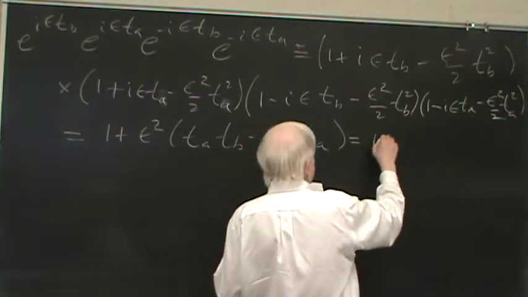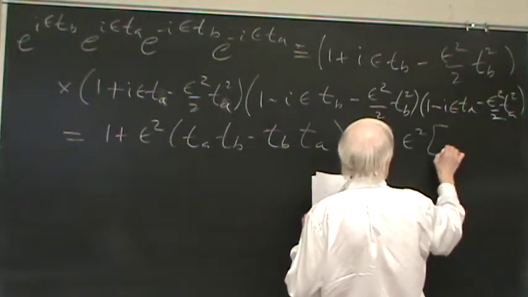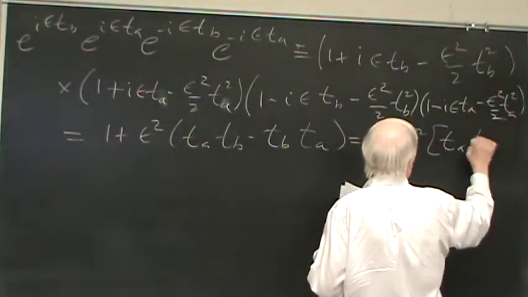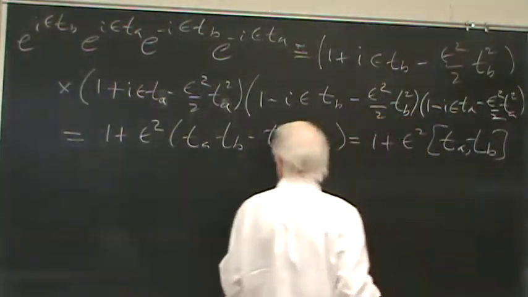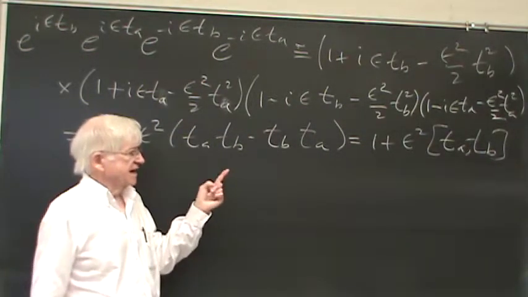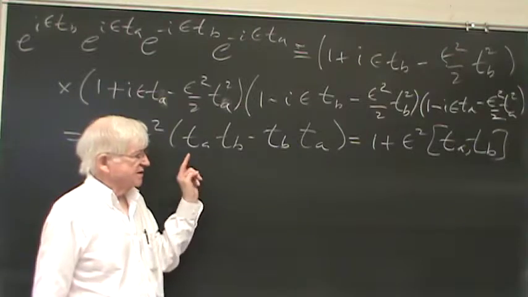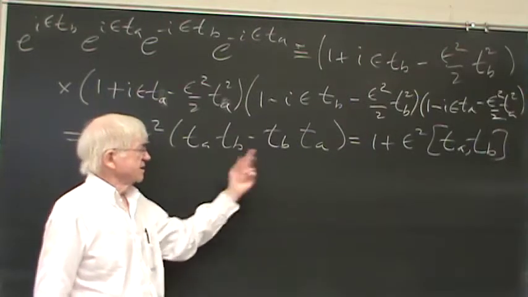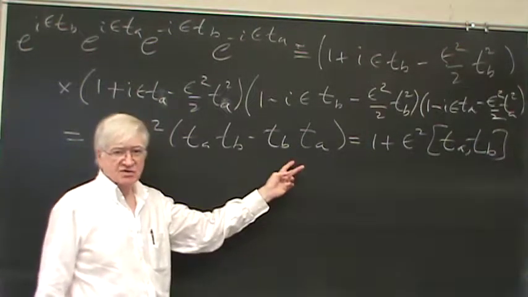I'm going to write that as 1 plus epsilon squared, the commutator of TA with TB. So in physics departments, we use the square bracket [TA, TB] to represent this structure.